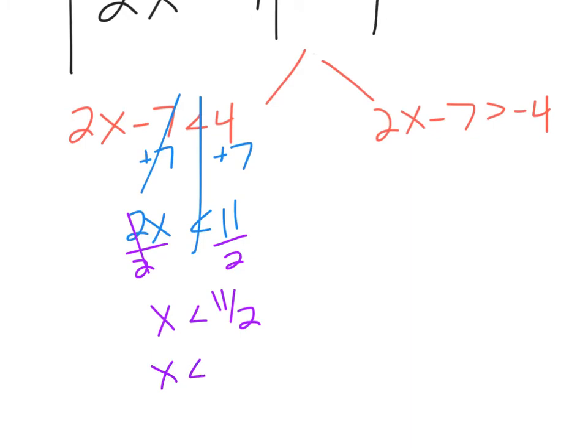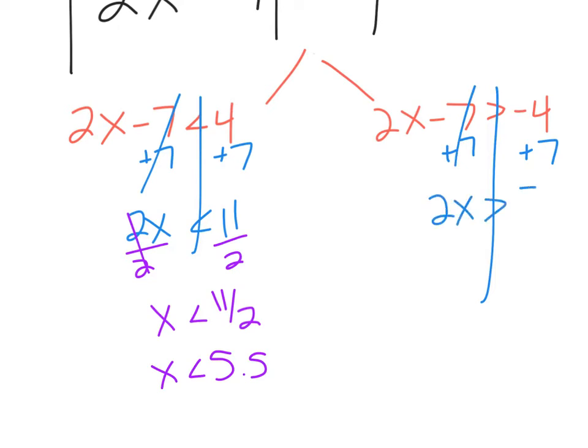So x is less than 5.5. Take those same exact steps on the other inequality, so add 7, which is 3. Divide by 2. X is greater than 3 over 2, or as a decimal, that's 1.5.